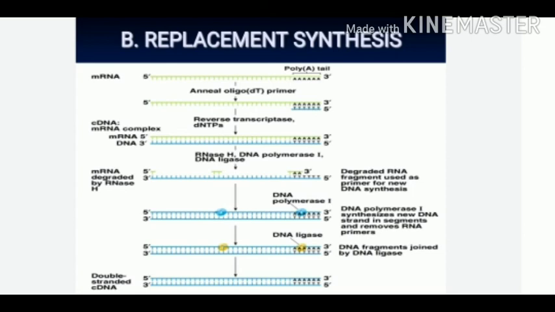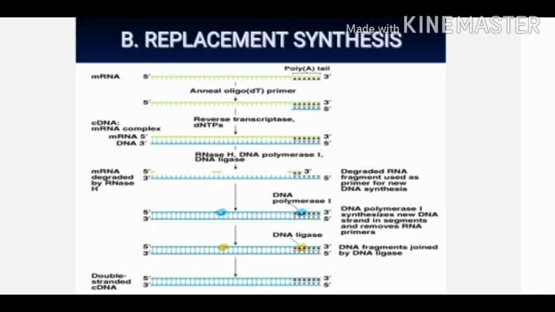The enzymes used are DNA polymerase I and RNase H. RNase H actually cleaves the RNA component of a DNA-RNA hybrid, leaving short oligoribonucleotides attached to the cDNA.